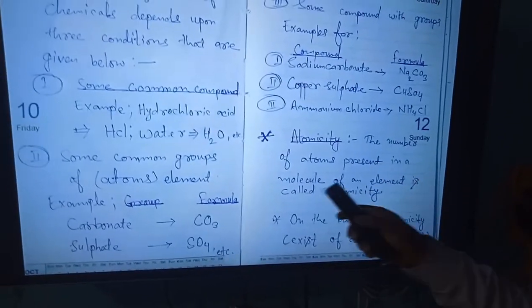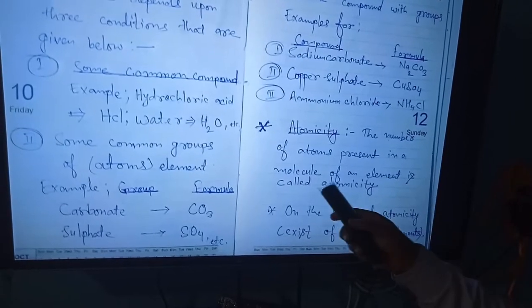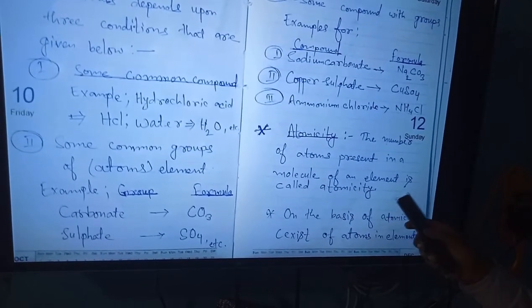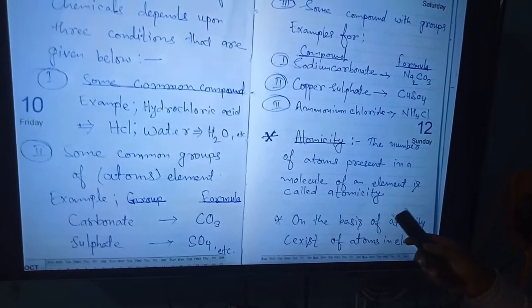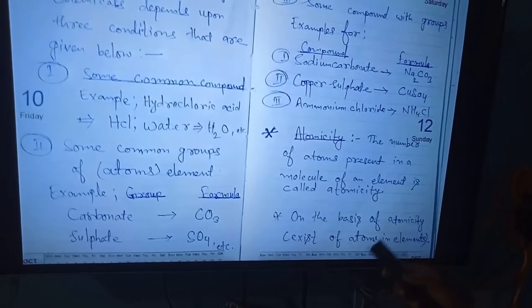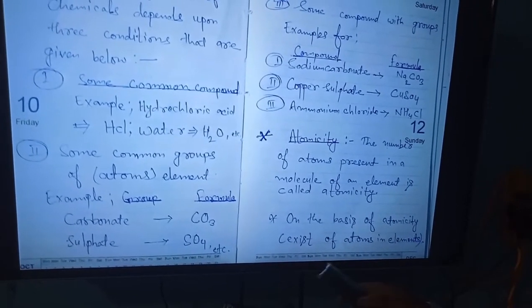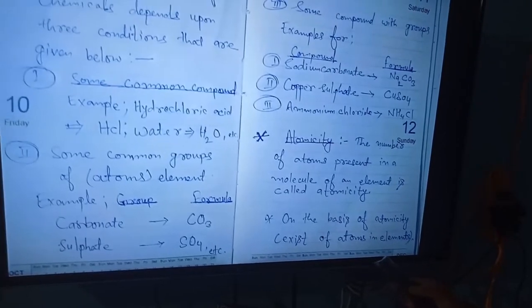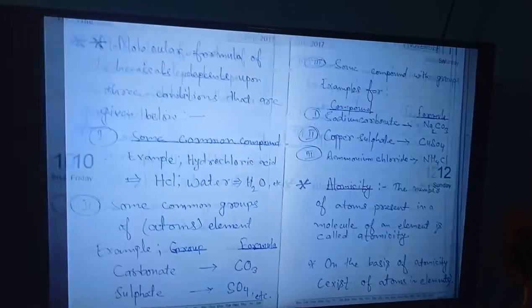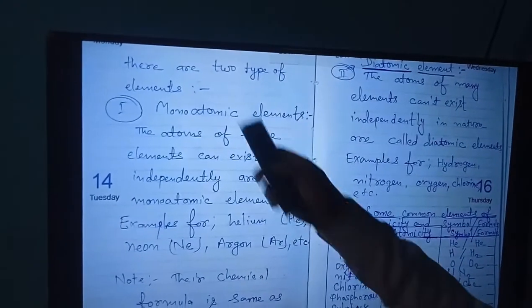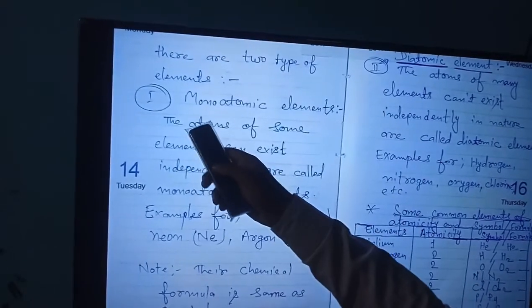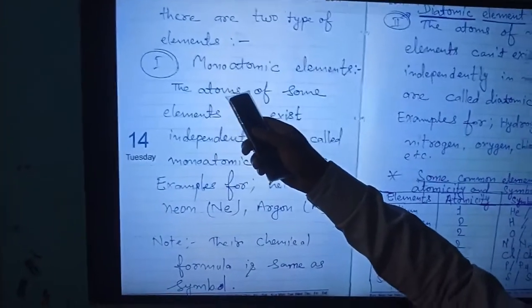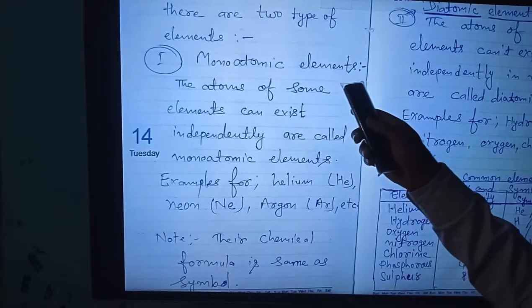We are going to talk about atomicity. The number of atoms present in a molecule of an element is called atomicity. On the basis of atomicity, there are two types of elements. First, monoatomic elements.